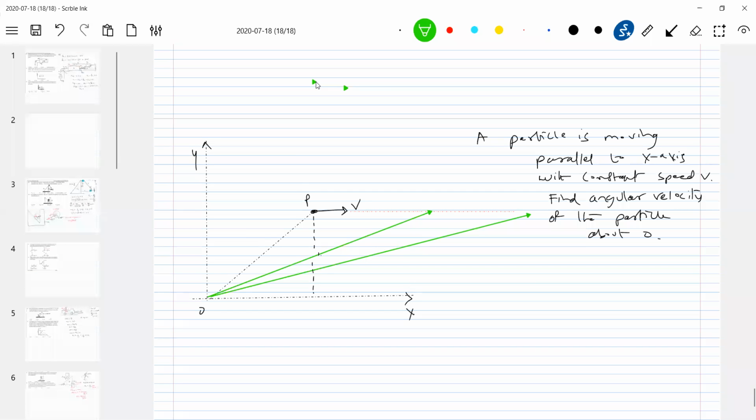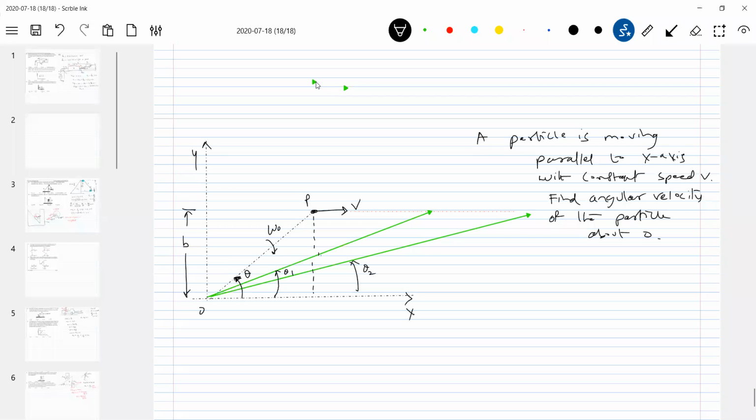Let me give this initial angle as theta. What are all the given things for us? This initial angle is theta, and it will be different later: theta 1, theta 2. Let me give this distance b. Are you looking at the theta? So therefore it will have angular velocity omega naught, which we have to calculate.